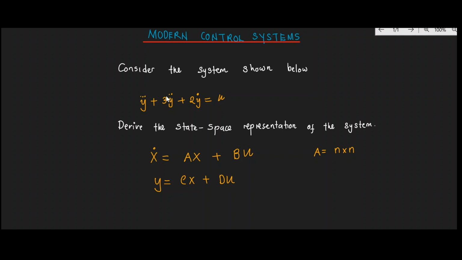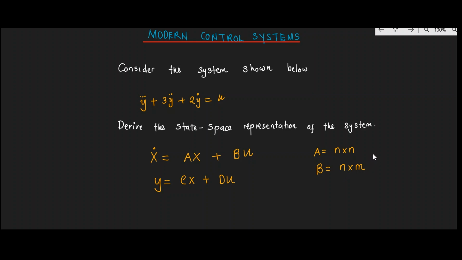If you have a second order system, A will be a 2 by 2 matrix. Then B is an n by m matrix. So what is m? n I have already explained: it is the number of state variables.